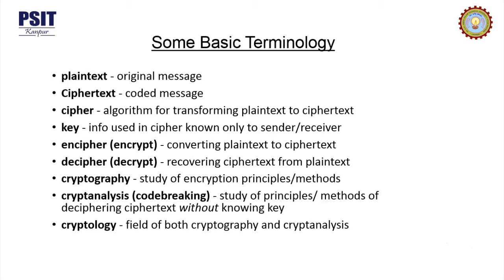Key is the information used in the cipher, known only to the sender and receiver. Encipher, or encryption, is the process of converting plain text into ciphertext. Decipher means decryption, that is the process of recovering plain text from the ciphertext.